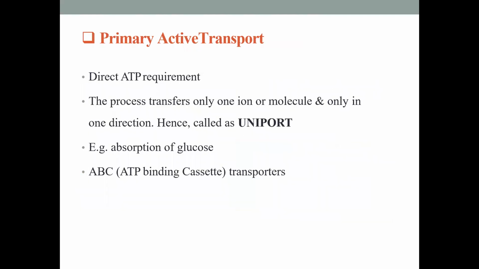In the active transport process, again, there are subtypes, that is primary active transport and secondary active transport. So what is meant by primary active transport?